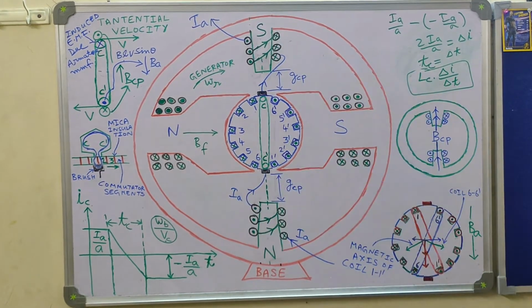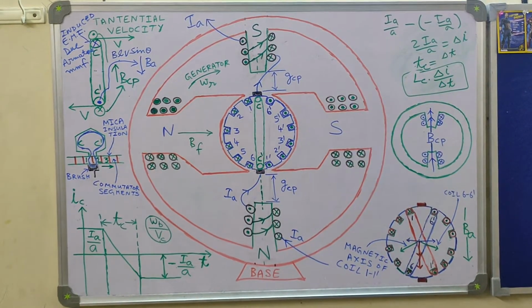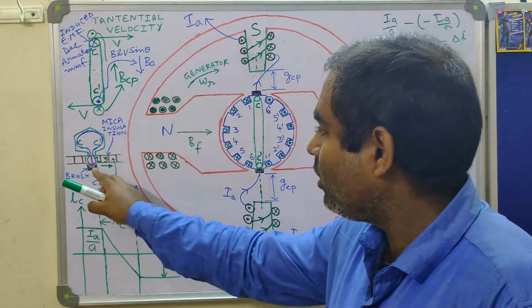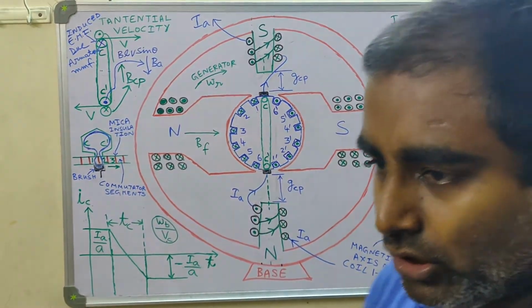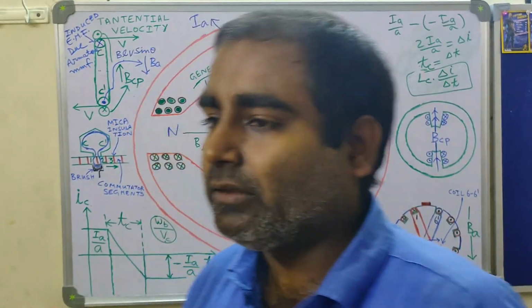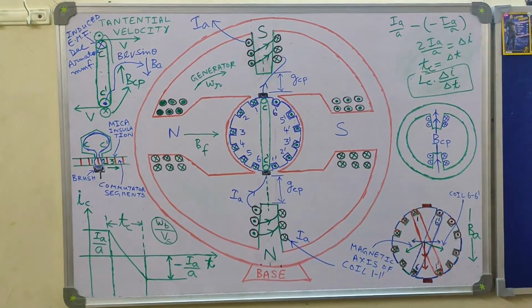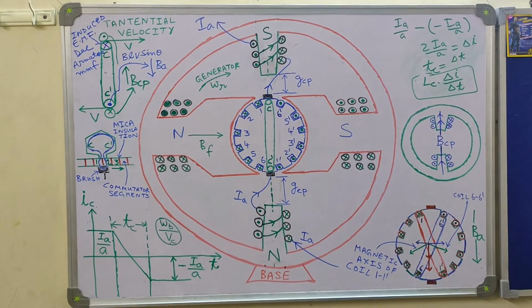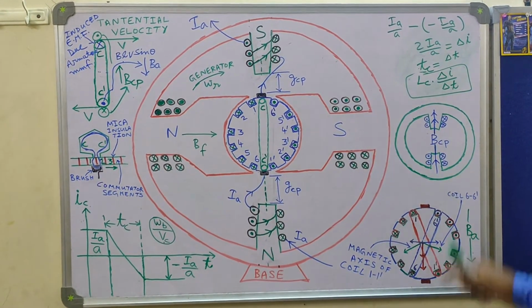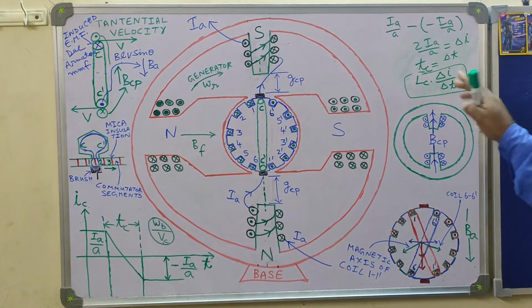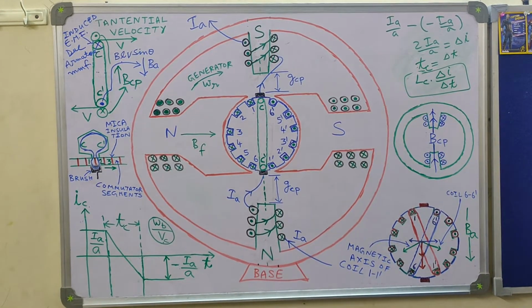Here I have made a simplification that the width of the brush equals the width of the commutator segment. That means if the commutator segment is 2 cm wide, then the brush is also 2 cm wide, so at a given time only one coil is undergoing commutation. So there is no effect due to mutual inductance of nearby coils undergoing commutation.